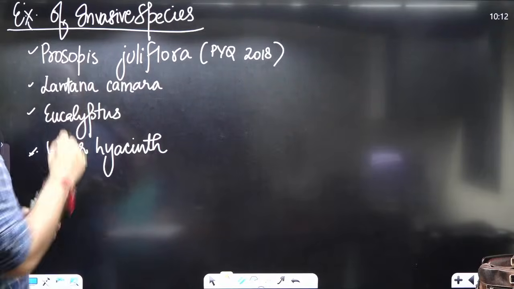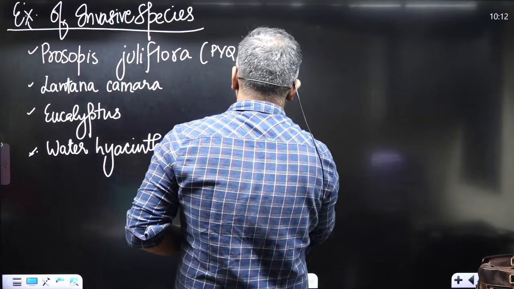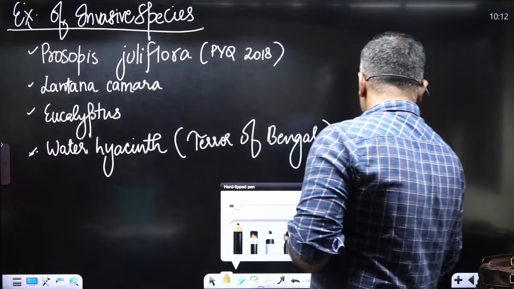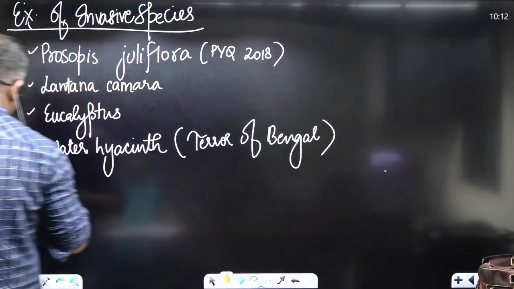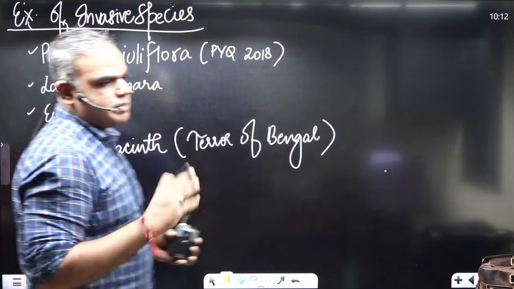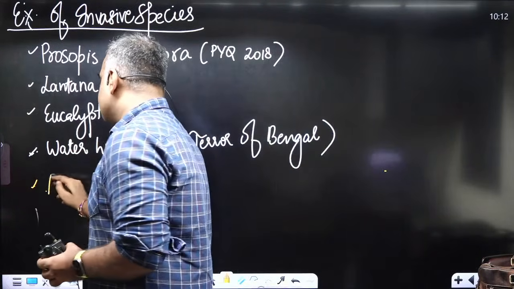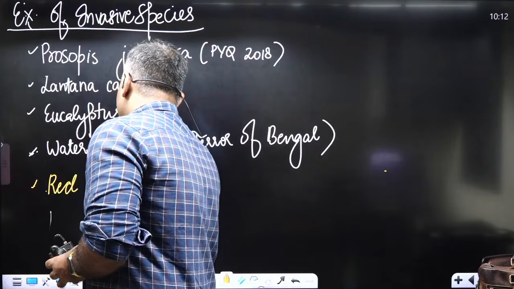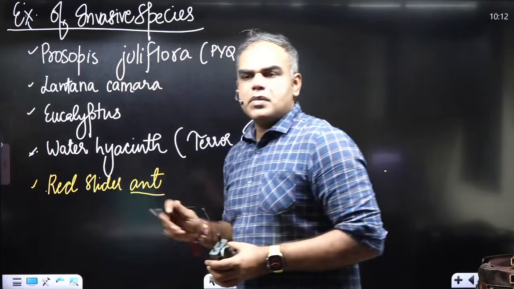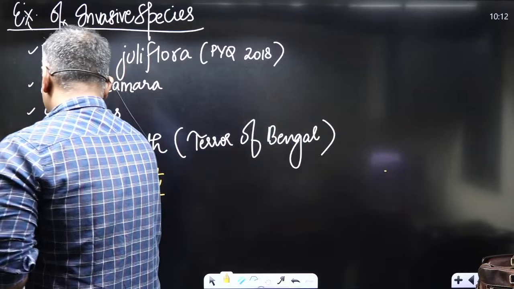Water hyacinth, also sometimes known as the terror of Bengal. Now I'll tell you about this too, and please remember the list is not exhaustive. We will add some other times. For example, red slider ant. This example I'm giving you so that you remember even an ant can be a specific invasive species.